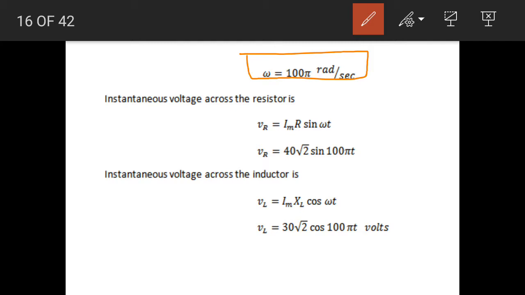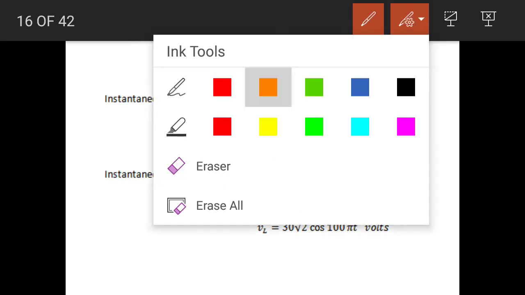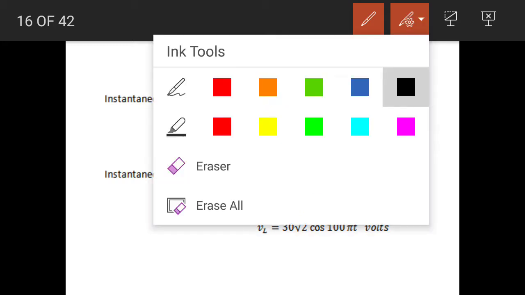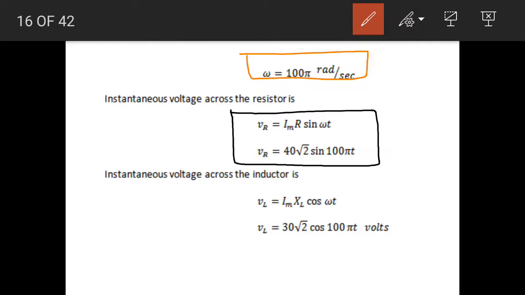We can find out the voltage across the resistor with the help of this particular equation. We know that the voltage across the resistor is equal to Im R sin omega t. If we put the values in this equation, we get 40 into under root 2 sine of 100 pi t.